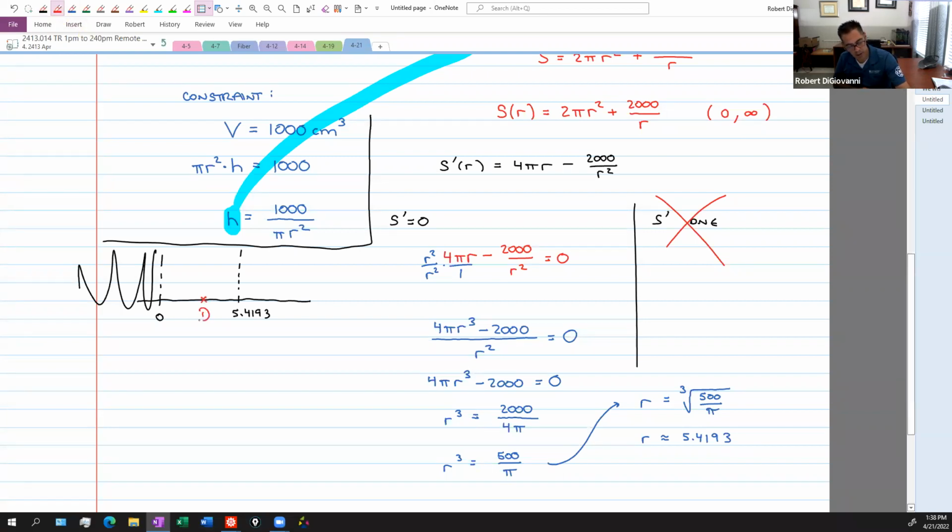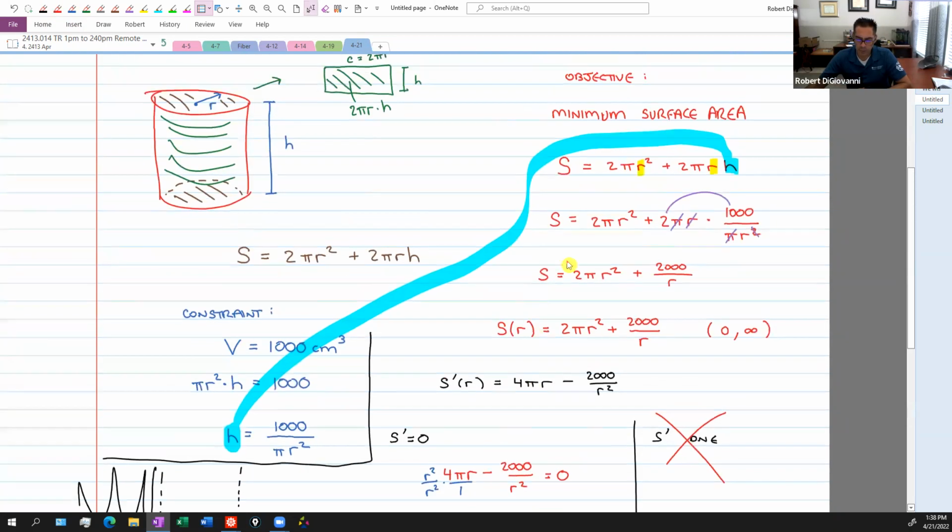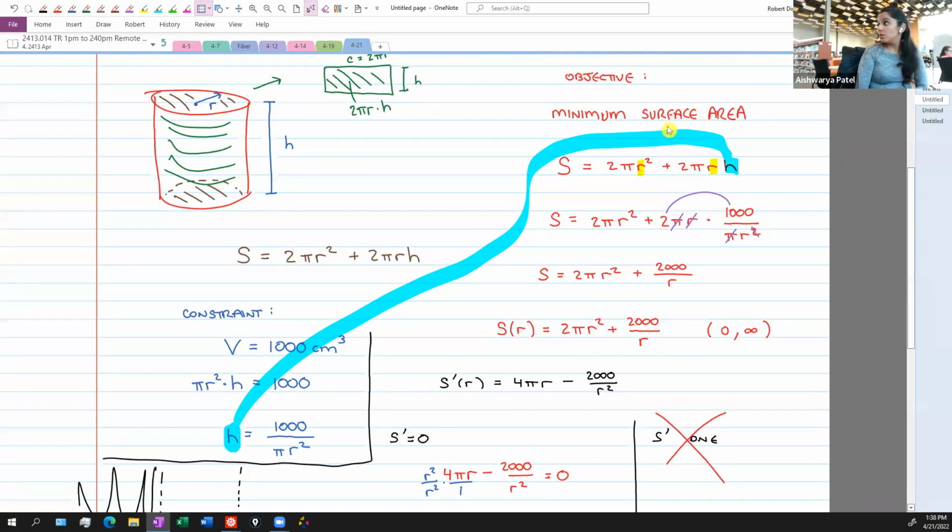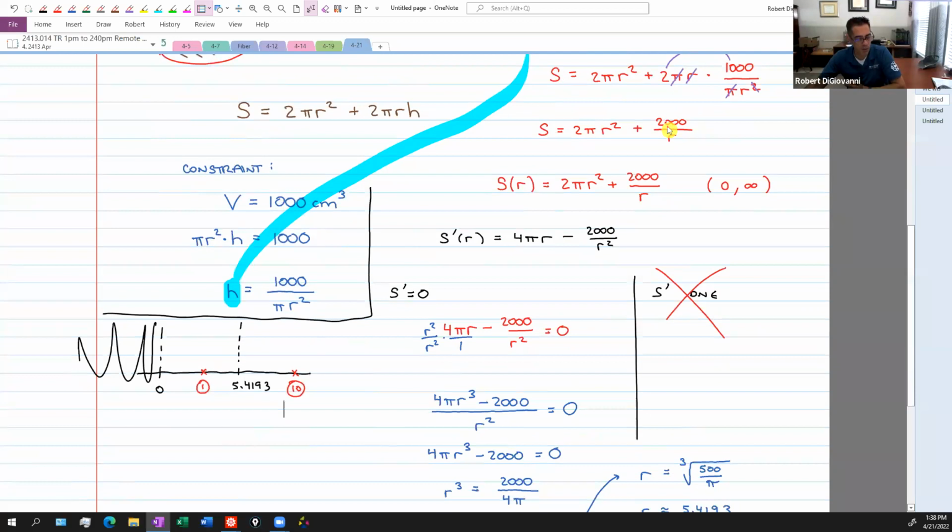Let's go with 1. It doesn't look like that's where 1 is, but I'm just picking a number to the left and to the right. And what are we hoping to see? Down and up or up and down? Minimum surface area, down and up. So we went down and up. That's what we're hoping for.